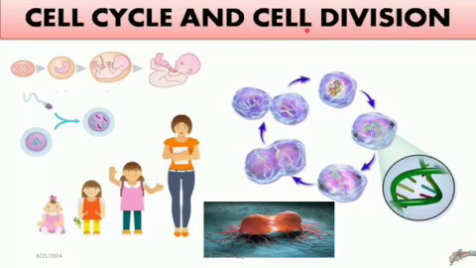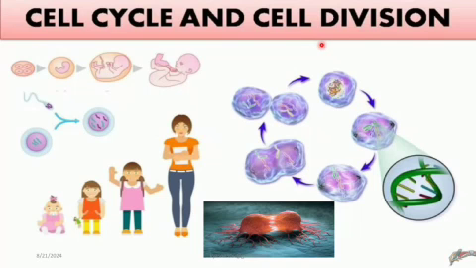Okay, cell cycle and cell division. Now, you all know what cell division is. As you hear the word division of cells, it is the process by which a cell divides to give rise to daughter cells. That is cell division. And this process is very, very important in your body.